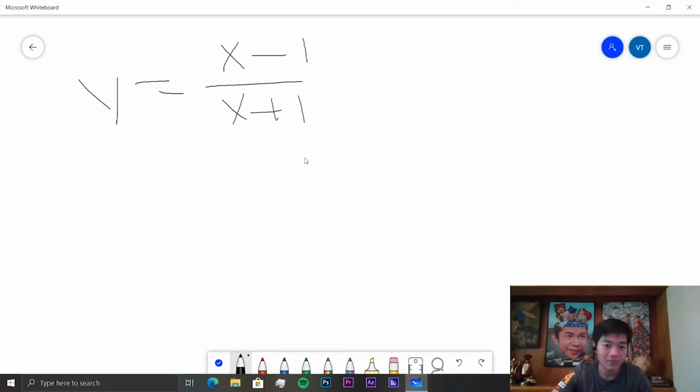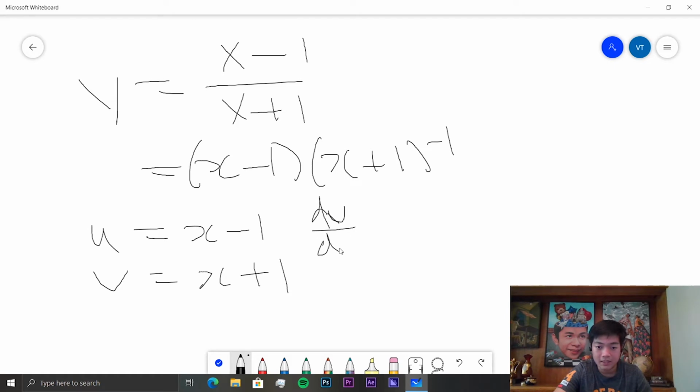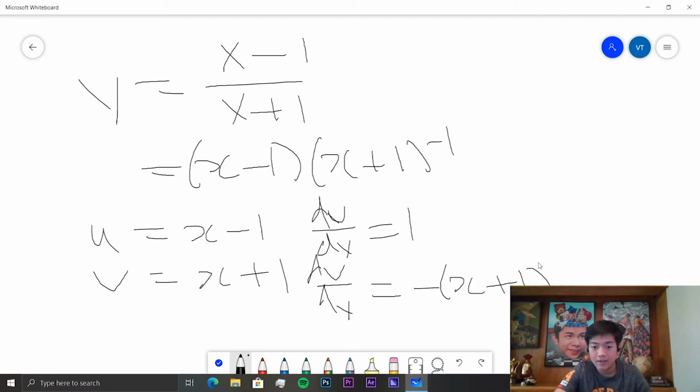Fine. Okay, so technically we can express this as x minus 1 times x plus 1 to the negative 1. And so we have u is equal to x minus 1, v is equal to x plus 1. So let's get the derivatives. du over dx is equal to 1. dv over dx is equal to negative x plus 1 to the negative 2.